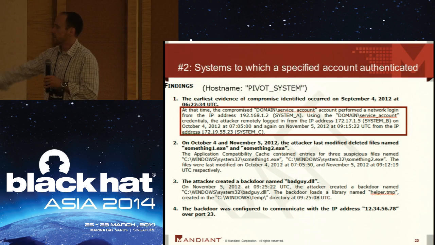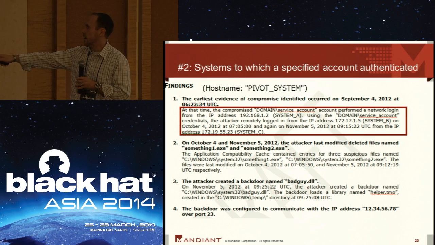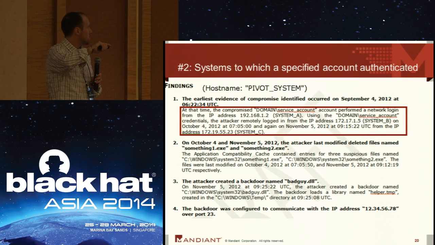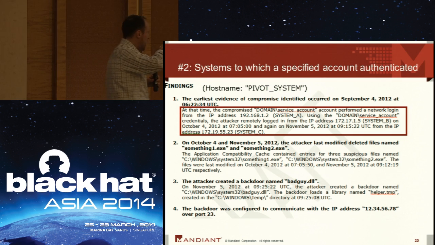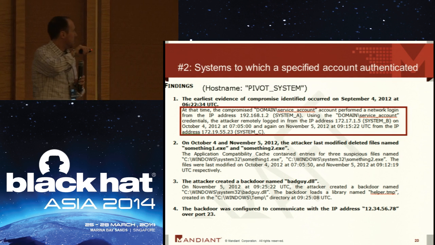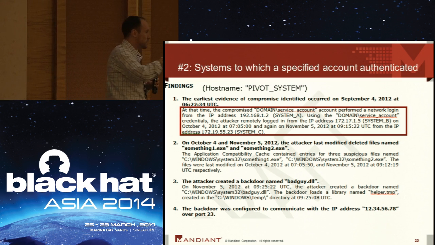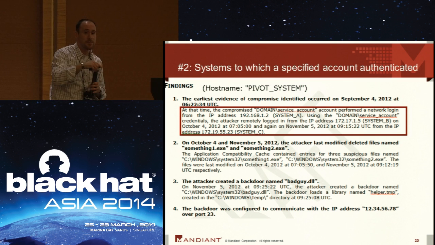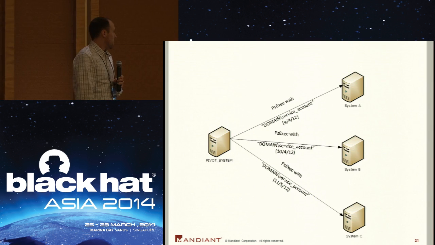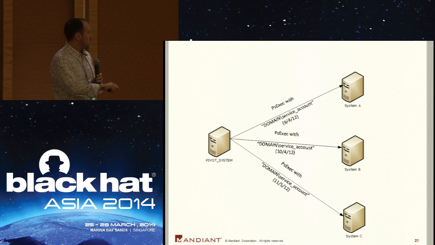The part I wanted to highlight is, first thing that happened was this domain/service account logged on from system A, and then logged in to other systems. So the bottom line is that the attacker's demonstrated that he's been using this account in this time period. From the pivot system, the attacker's logged into some other systems through the system analysis that you've done.